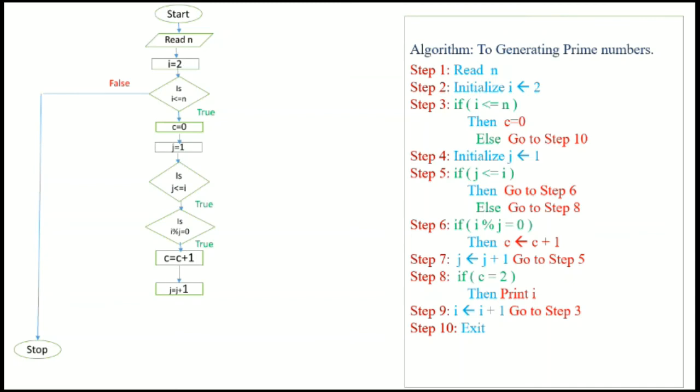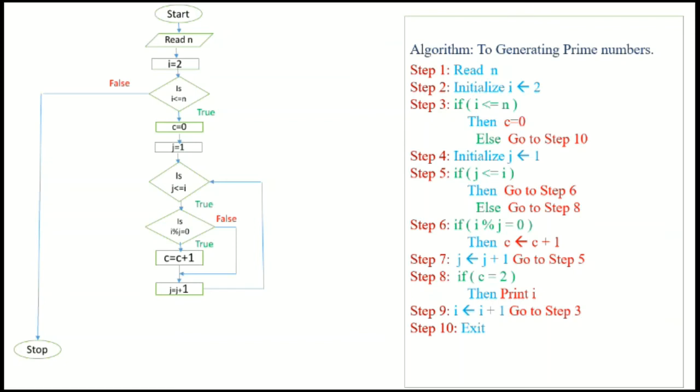If I mod j equal to 0 is false, then without increasing the value of c, we will increase the value of j by 1. After increasing the value of j, we will go back again and check whether j is less than or equal to I, and this will be repeated continuously till the condition is true.